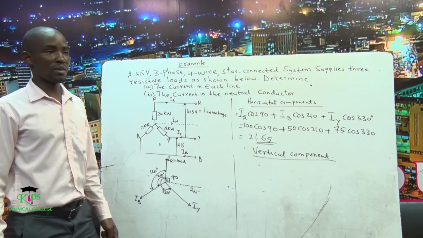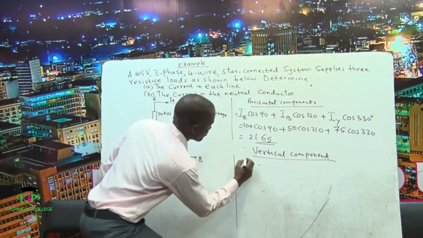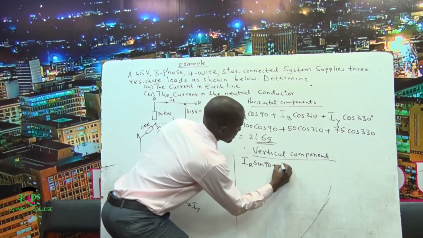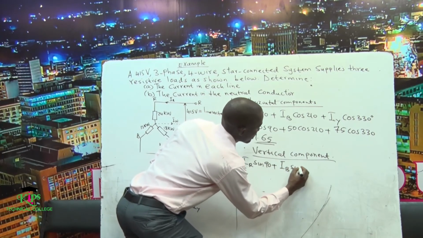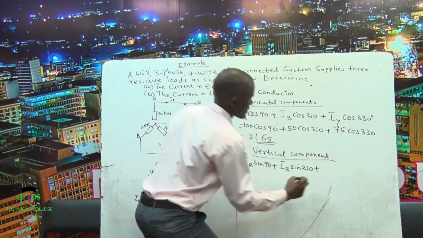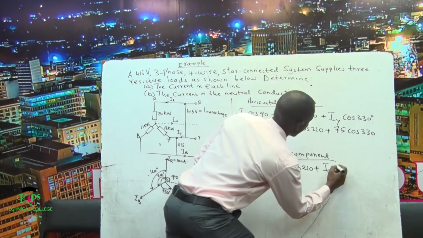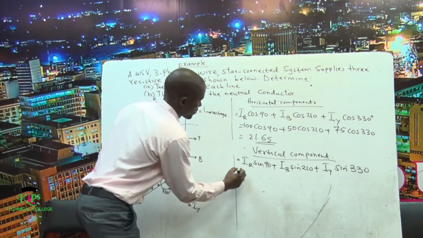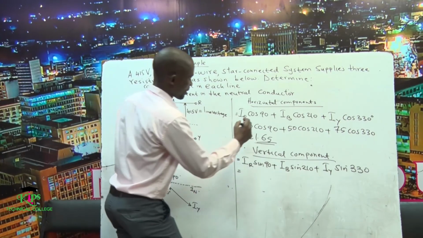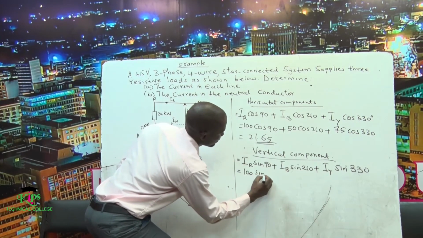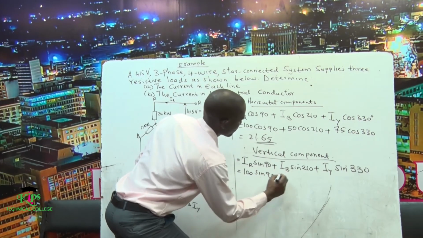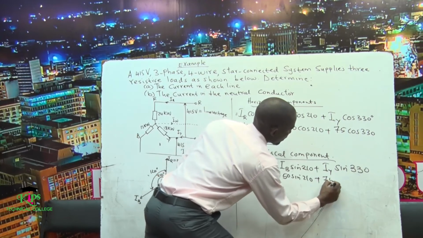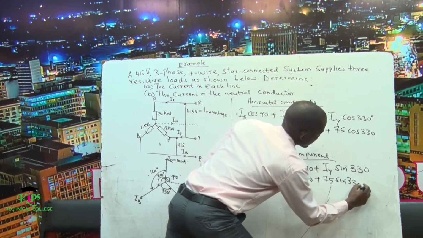We just substitute, because we have said in vertical component you use sine, so it will be IR sine 90 plus IB sine 210 plus IY sine 330, which will be equal to 100 sine 90 plus 50 sine 210 plus 75 sine 330.